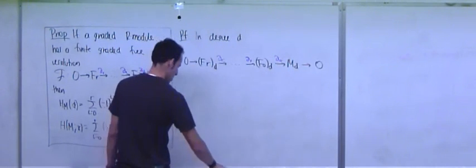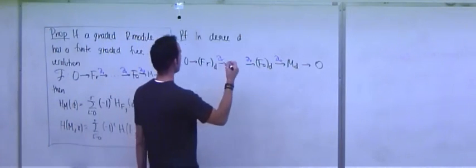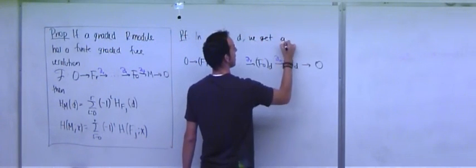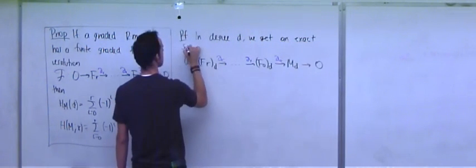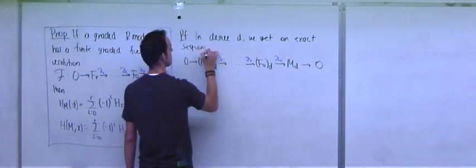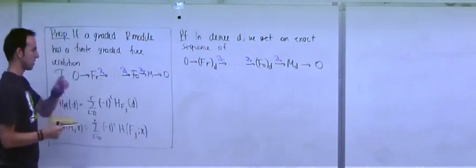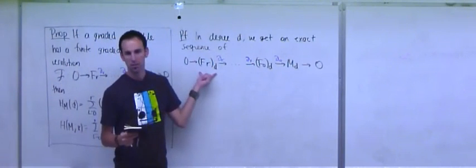Okay. And this right here is going to be an exact sequence of what? Well, what are these things? Each one of these is the dth graded piece.